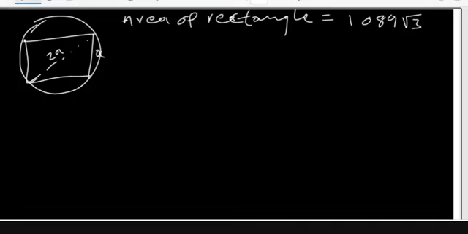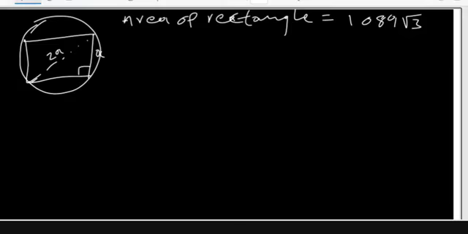So what is the length of the diameter of the circle? We can't really ascertain yet that the line we labeled 2A is the diameter, but from the information given, this is a rectangle, so this is 90 degrees. Here is A, here is 2A.